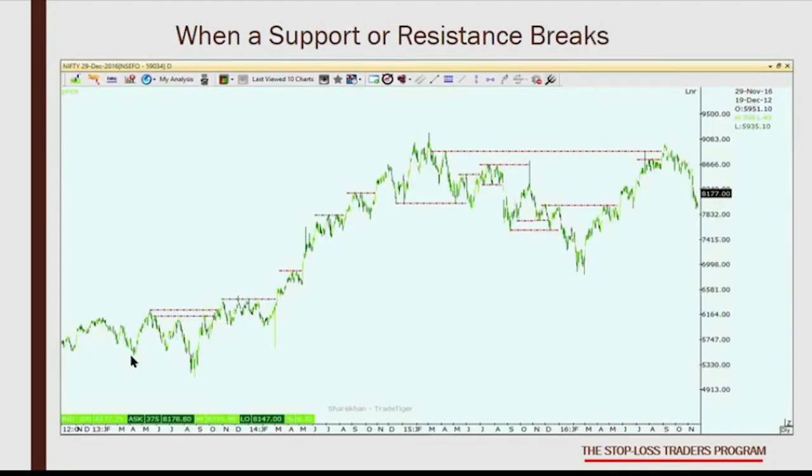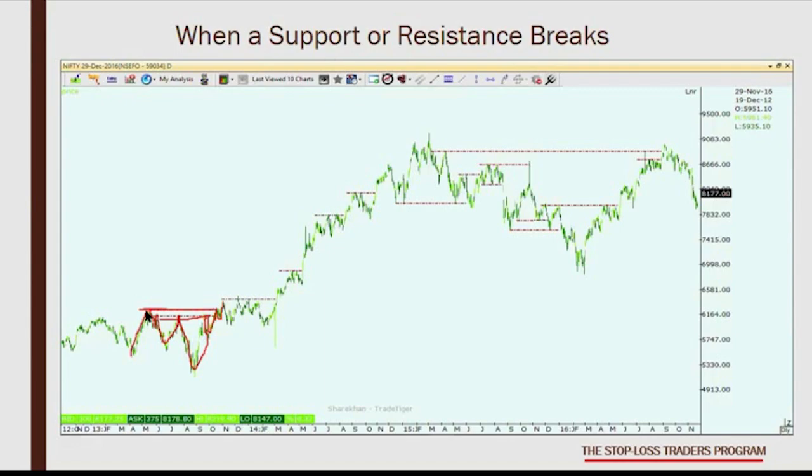It is a common misconception that the more times price bounces off a support or resistance, the stronger the level is. That means if there is a support and price is bouncing a couple of times, there is a common misconception that this support is a very strong support and soon price will go up.